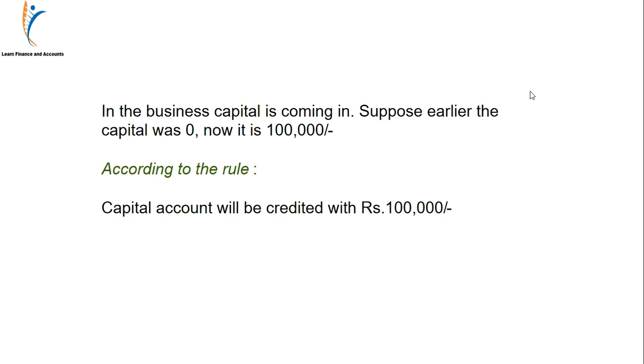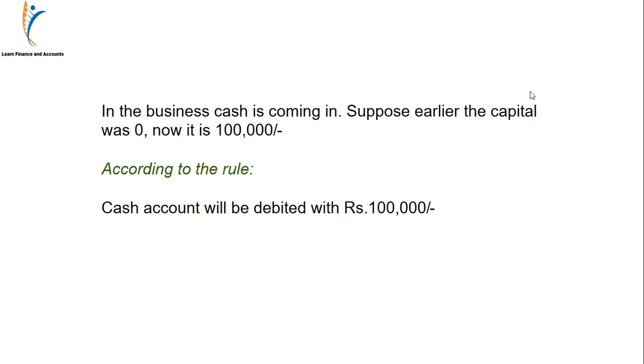Remember, A, E, L, I, C. C is capital and it is in the second group. In the second group, when capital increases, then the account is credited. So the capital account will be credited. What happens to the cash account? Cash is in group A, group 1.